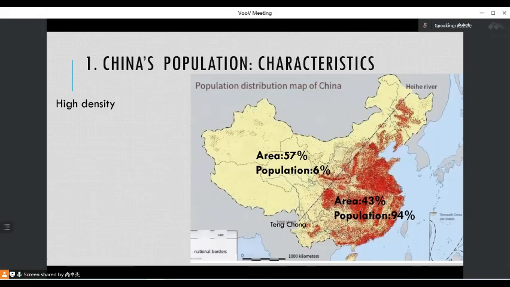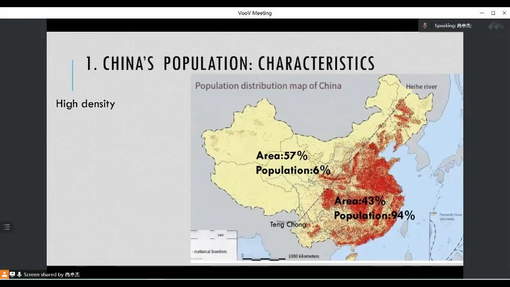From this picture, we can see that about 96% of the population lived on 57% of the total land area of the country. Okay, this date. Well, Xuzhou, where is Xuzhou? Almost here.